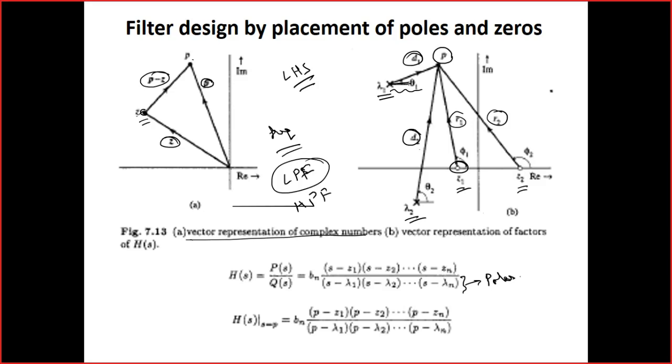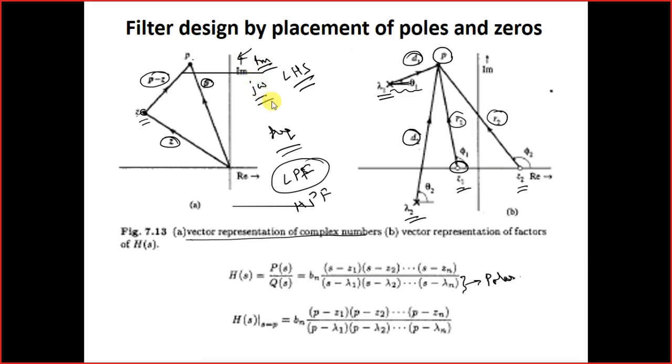So at the start of the topic, where did I say that frequency component is present in the Laplace plane? The frequency plane is present on the imaginary axis, j omega.